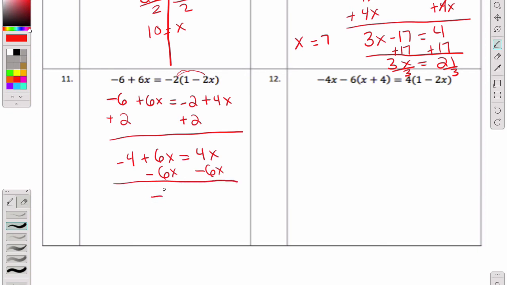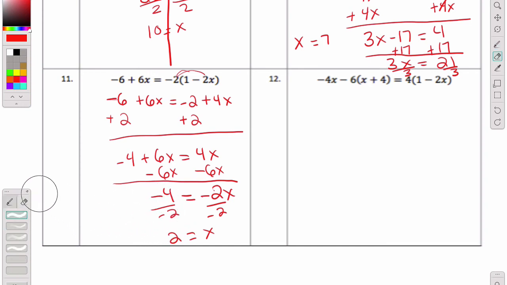All right. We got negative 4 equals a negative 2x. And then I'm going to divide by a negative 2 on both sides. We end up with 2 equals x. Sorry for the pause, I was looking at my key. And this is our answer.